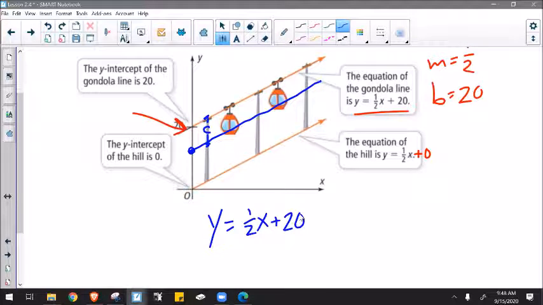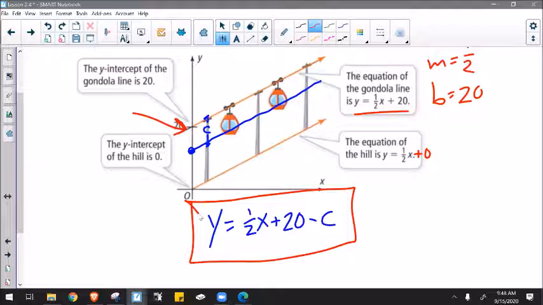We know the gondola sits c feet below this guide wire, so all we need to do is subtract c from it. That is going to be the equation of how high off the ground the chair in the gondola is, after a certain amount of time or distance. Again, we don't know what c is. Maybe c is 5 feet below the wire. Maybe it's 10 feet below the wire. We don't know. We just know it's c feet, so we're going to leave it as a c value.